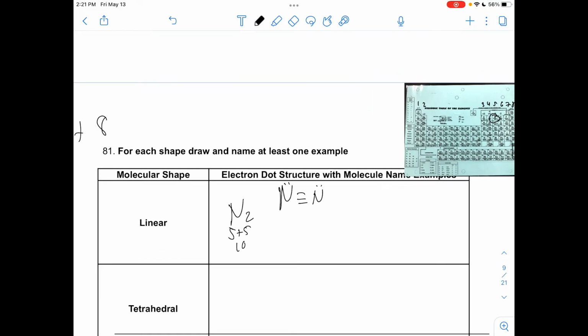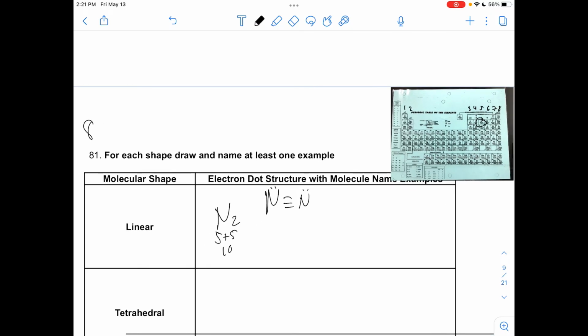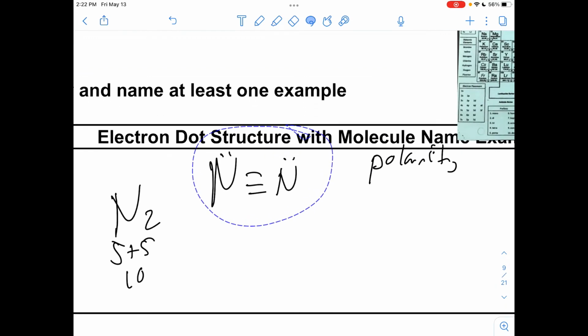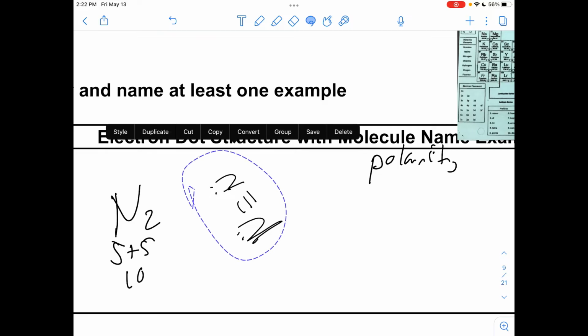Okay. And it's linear because there's only 2 atoms. Any molecule with only 2 atoms is going to be linear. Okay, and remember that we also kind of talked about polarity, which the way to tell if it's polar or not is by if it has symmetry, right? So if I take this guy and I rotate it, let's see if I can rotate it.